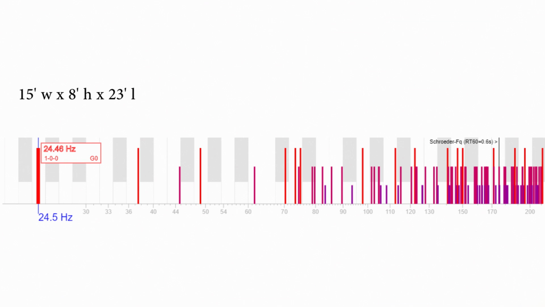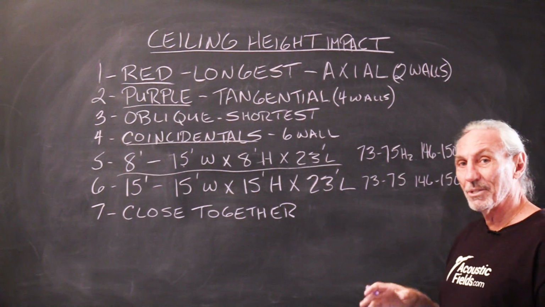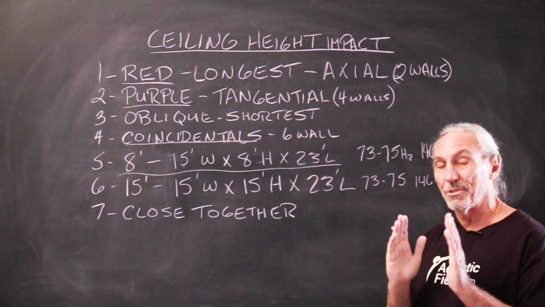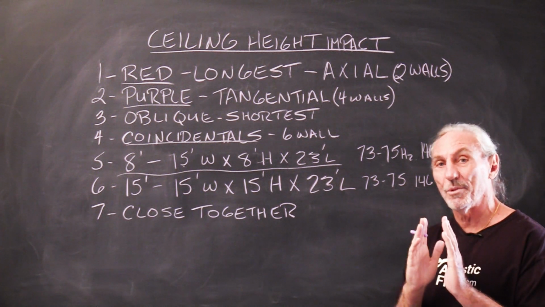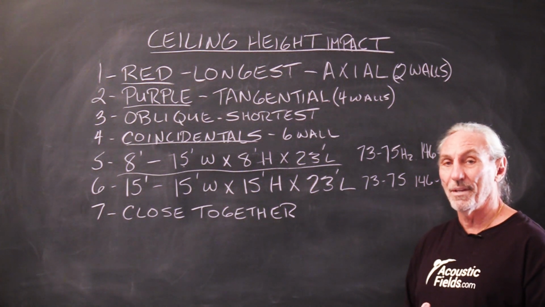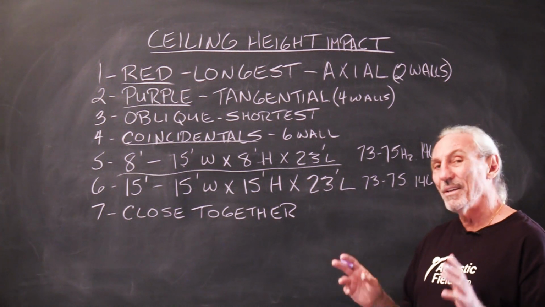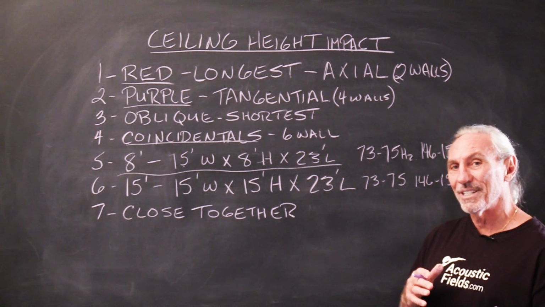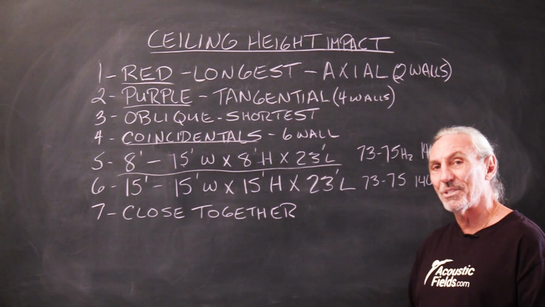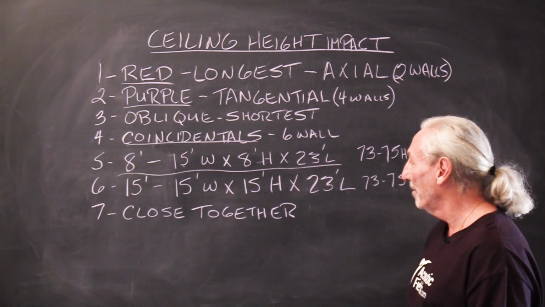But you can see that the modal distributions in the 73 to 146 range, those are coincidentals. When you see two axial modes that are within 5 hertz of each other, that's a coincidental. And that's a high pressure area that may or may not be able to be treated. And they seem to always fall in that 60, 70, 80, 90, 100 cycle range, which is a horrible range to have them come in, okay?